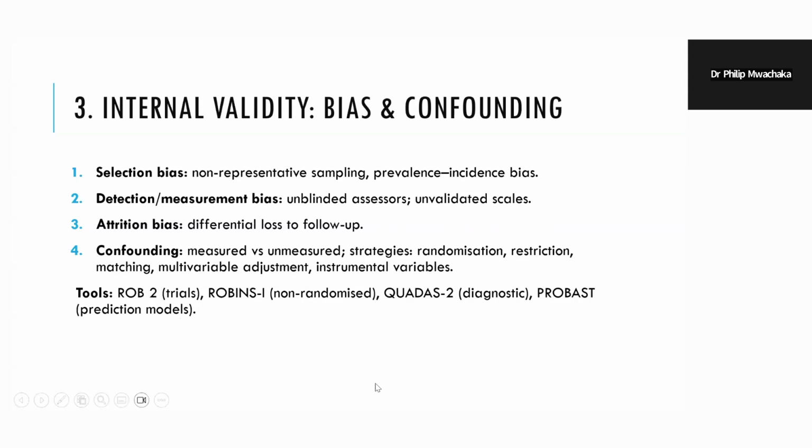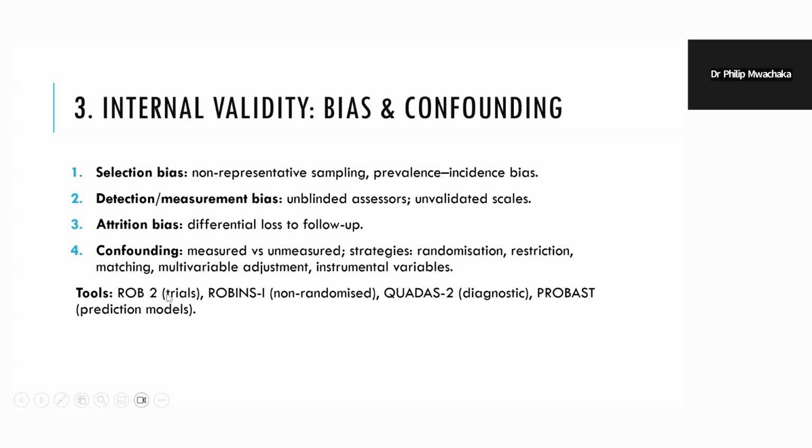Then basically, confounding. Were you able to mitigate confounding factors, like through randomization, matching of the cases, or statistical adjustment, things like multivariable adjustment, and using instrumental variables? For this, there are some tools that are recommended. I'll be talking about them later.